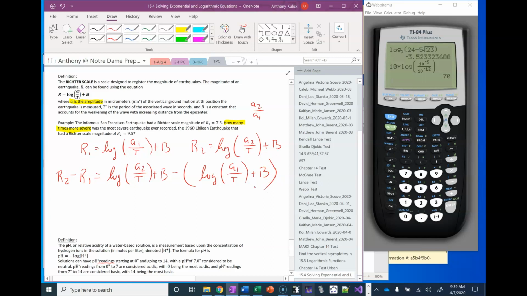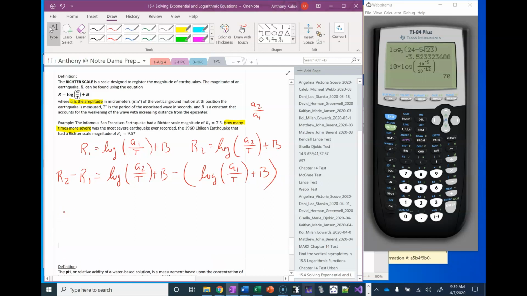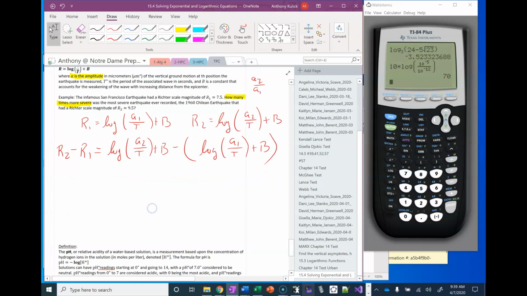Like this. So I know R2 is 9.5 and R1 is 7.5. I'm just going to now distribute the negative sign, so that these plus b and minus b cancel out.